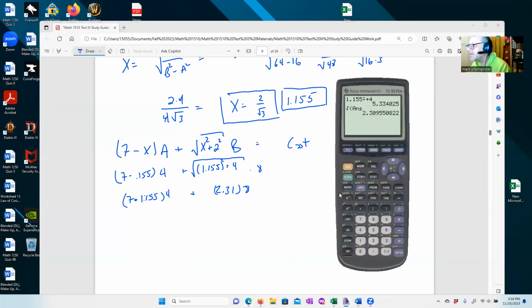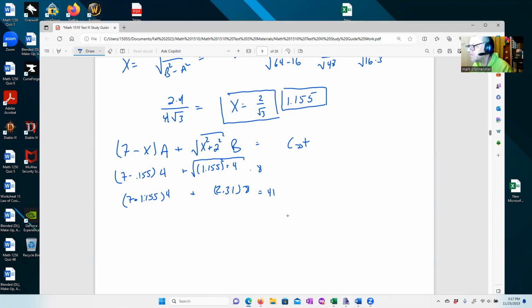Again, you don't have to have done this. We'll say this thing times 8 equals, and we'll go ahead and add this to 7 minus 1.155 times 4. We get a total of 41.856. Okay.